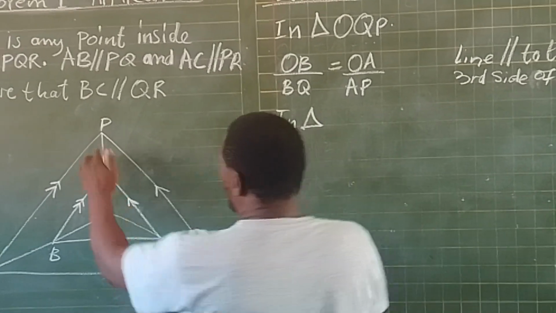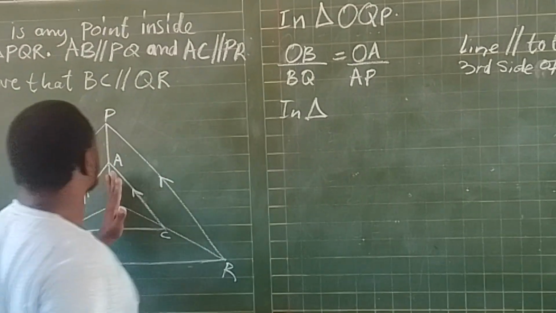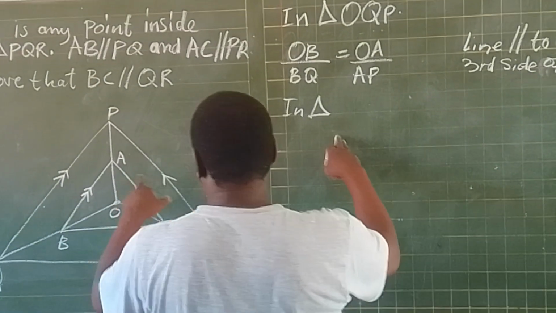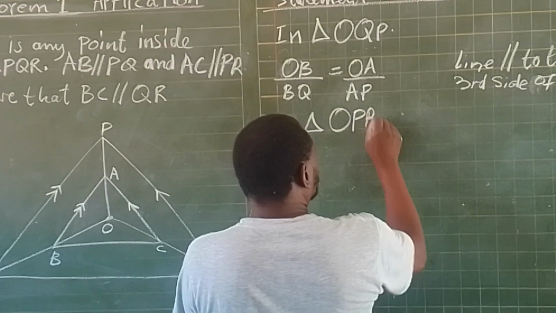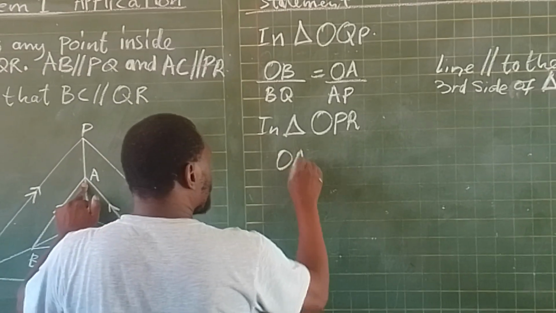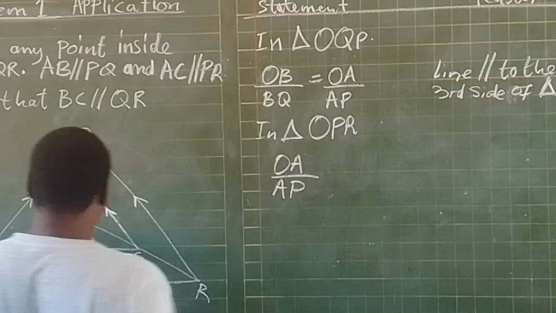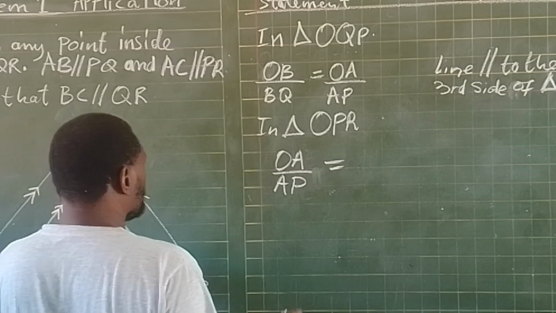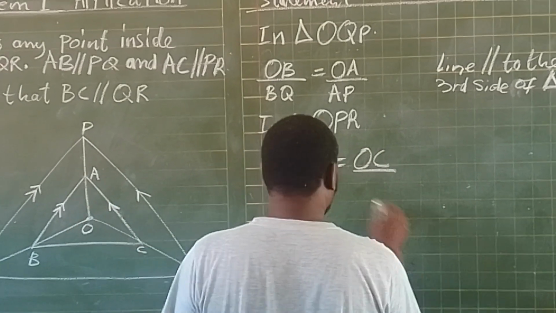Then we come and say in triangle, now we're looking at this triangle. We're using the triangles that were given, their sides are parallel. So in triangle OPR, OA over AP is equal to OC over CR.